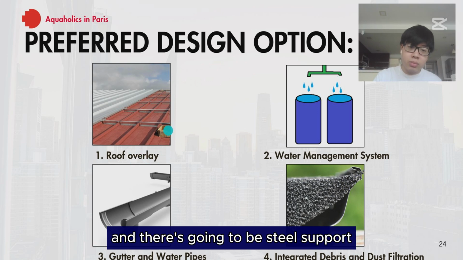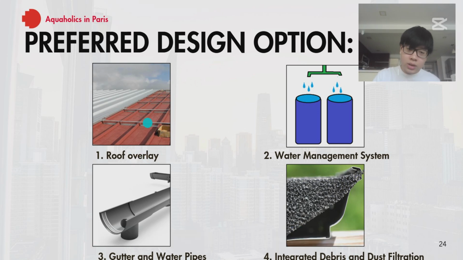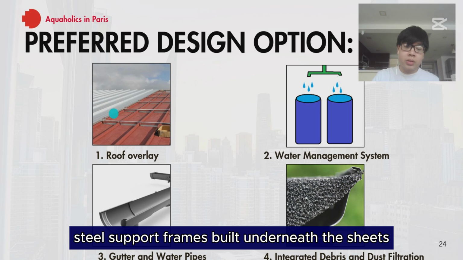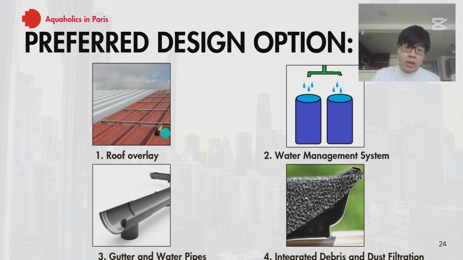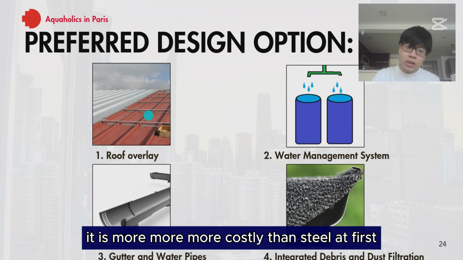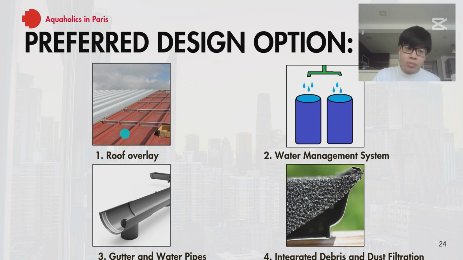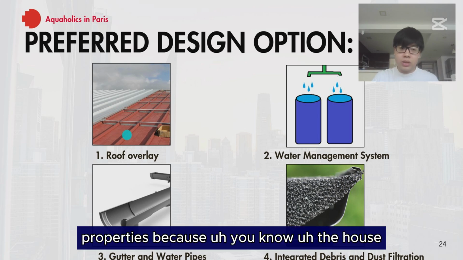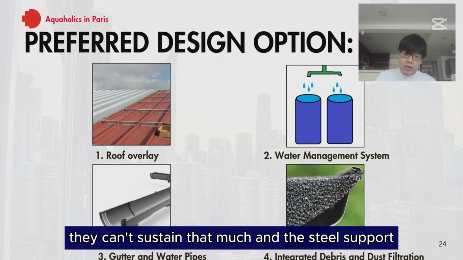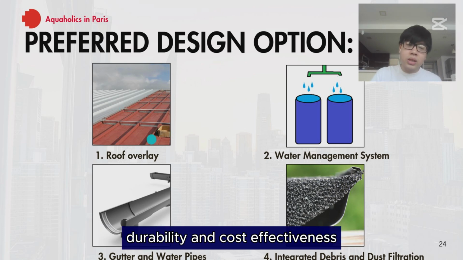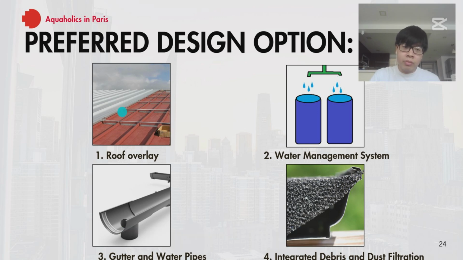There will be steel support frames built underneath the sheets. Aluminum alloy is more costly than steel at first, but it was chosen for its lightweight properties because the roofs can't sustain that much. The steel support was chosen for its durability and cost effectiveness.